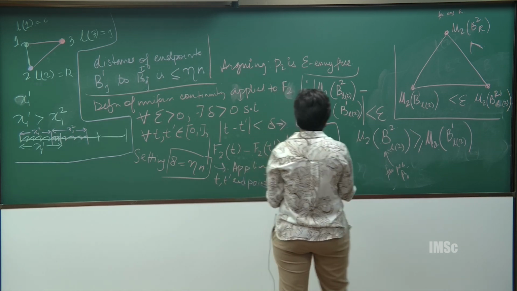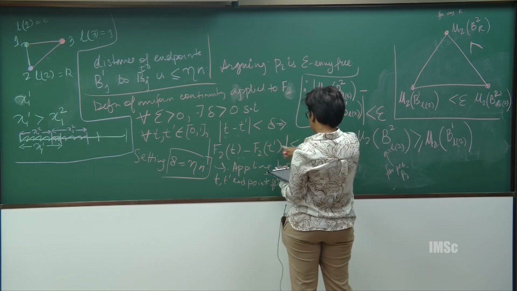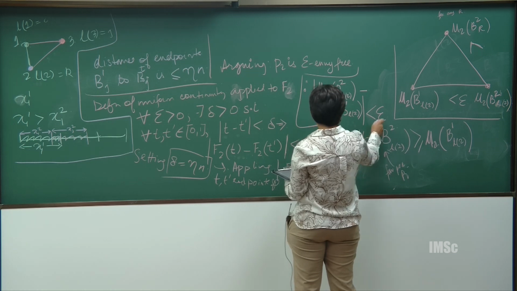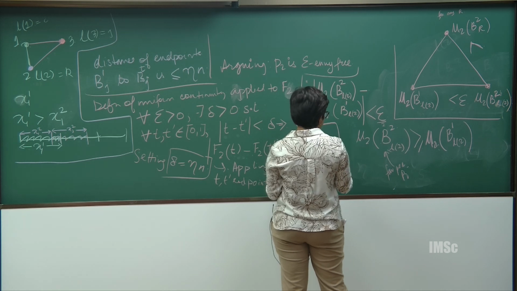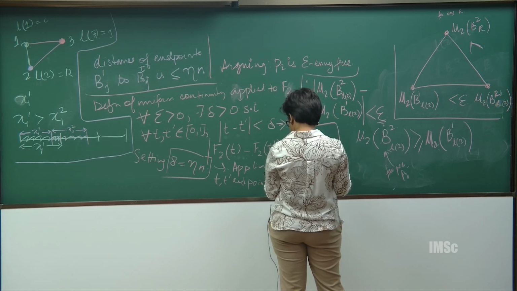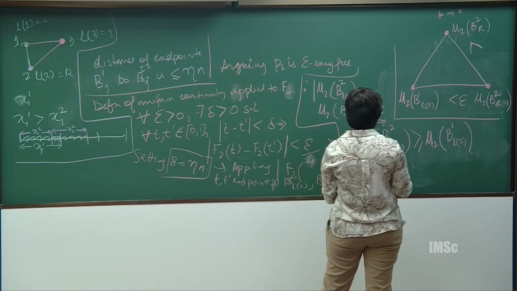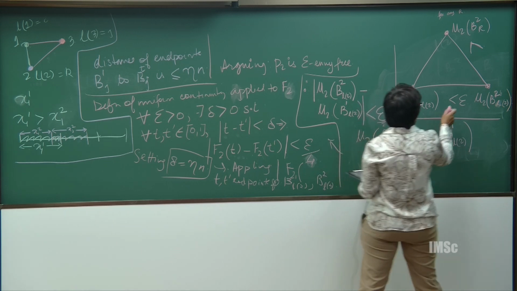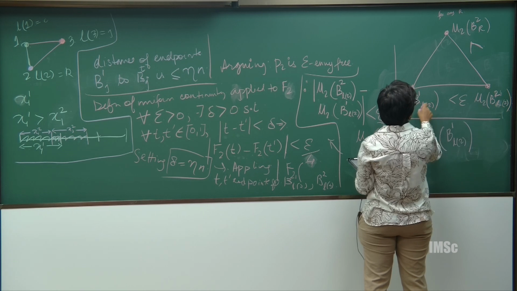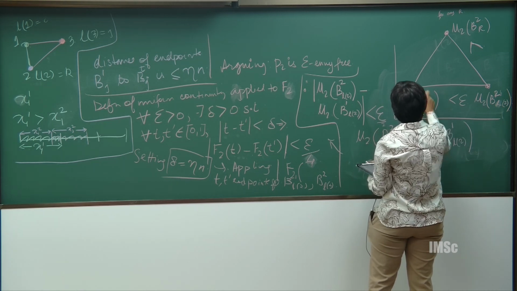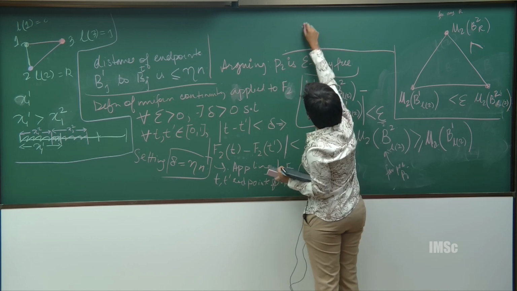This is fine, this is how I get this. I think it should be epsilon by 2 because I need 2 of this. Therefore, the distance between this, the one that is given to him, and so on. So therefore, basically we are done here.